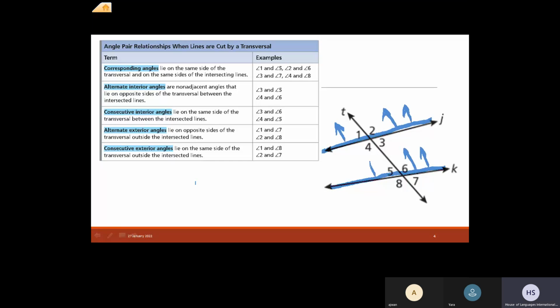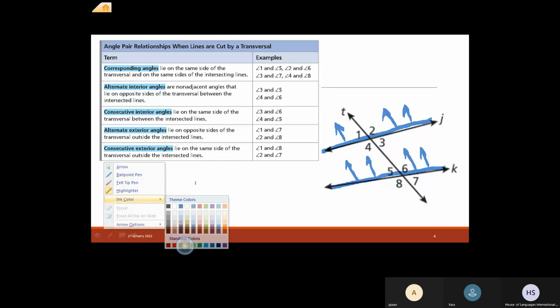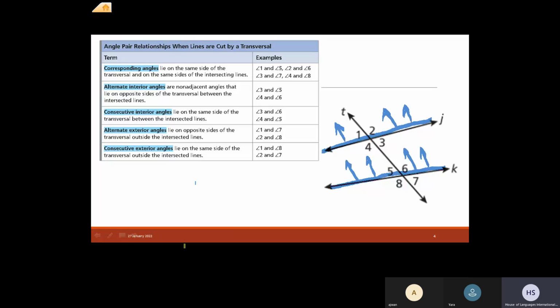So they are up, both up. And then I'm talking about the same side of the transversal, like I'm looking at this area. This is the same side.